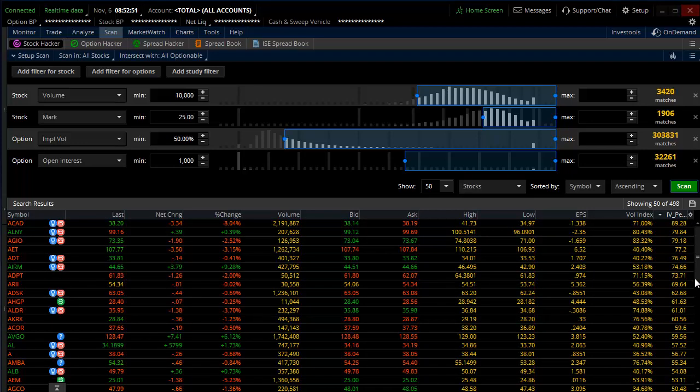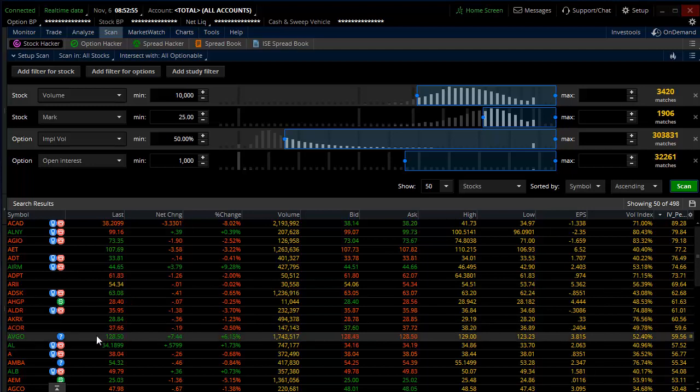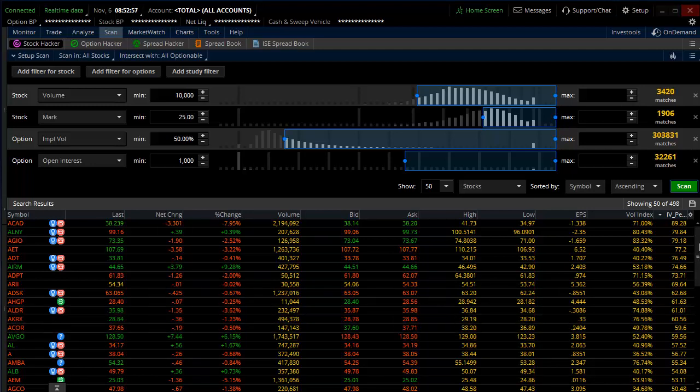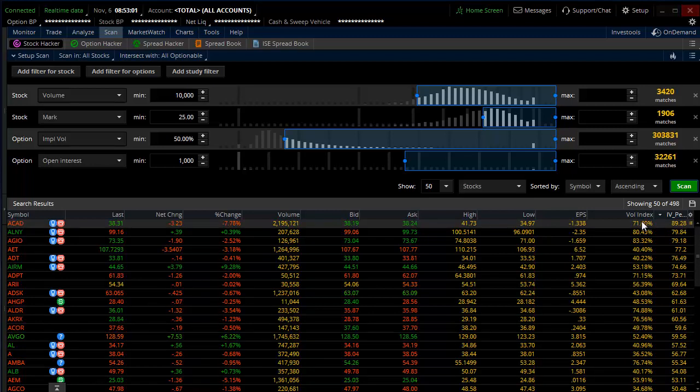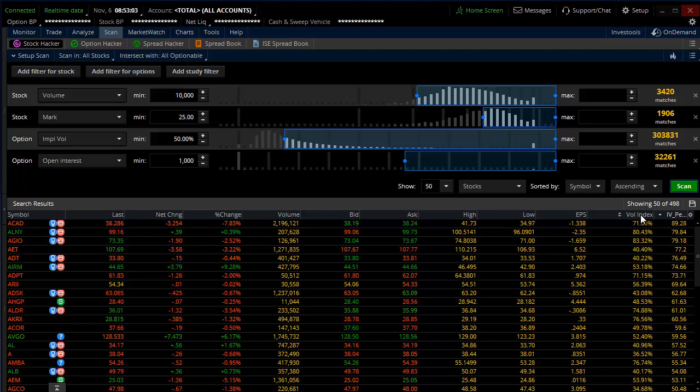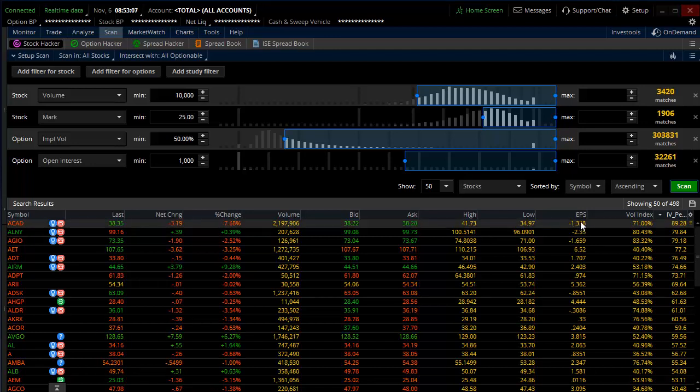So right off the bat, that is going to tell me these candidates that have the high IV percentile, that has this vol index, it will automatically give you. It tells me what the earnings per share are, the high, the low, the bid, the ask, the volume, percent change. So I can just begin to start going down, all right?